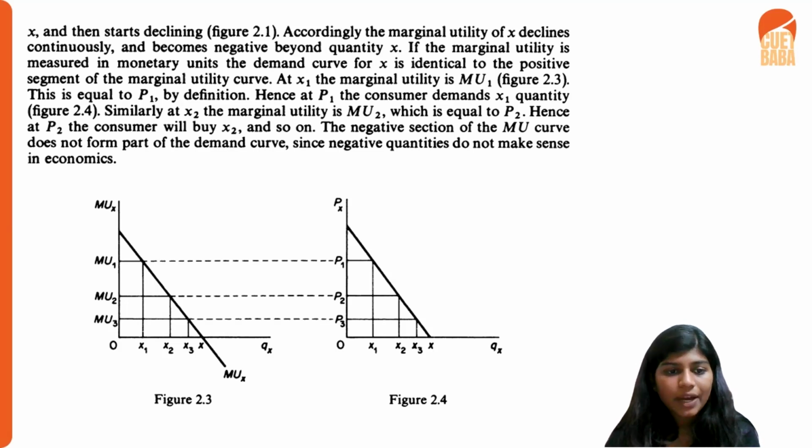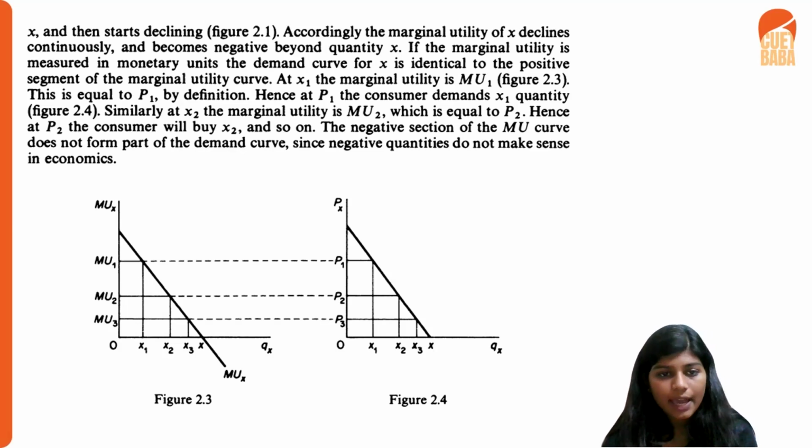Here on the y-axis we can see marginal utility, and on the x-axis quantity. Similarly, in this diagram there is quantity, and on the y-axis we have the price of certain commodities. It is explained with the help of price as well, wherein at x1 the marginal utility mu1 is equal to p1. So p1 can be stated as the price at which the consumer demands x1 quantity.